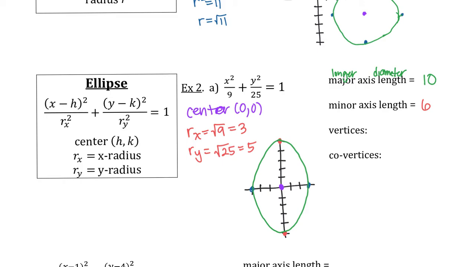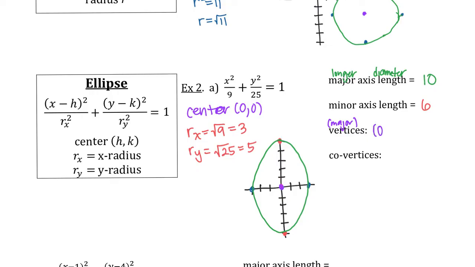Okay, next word is vertices. The vertices are the endpoints of the major axis. So this has to do with the major axis. In this case, the major axis is in the vertical direction. So this is a vertex, and this is also a vertex. So up here, this is (0, 5), this is (0, -5).